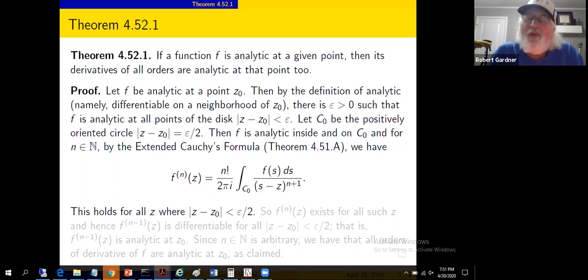We've done this cutting epsilon in half to guarantee that this function, which we know to be analytic in the disk of radius epsilon, is analytic on C sub 0, on this contour, which is centered at z sub 0 and has radius epsilon over 2. So we've got f analytic on and interior to C sub 0. We need all that so we can apply Cauchy's formula. F is analytic inside and on C sub 0.